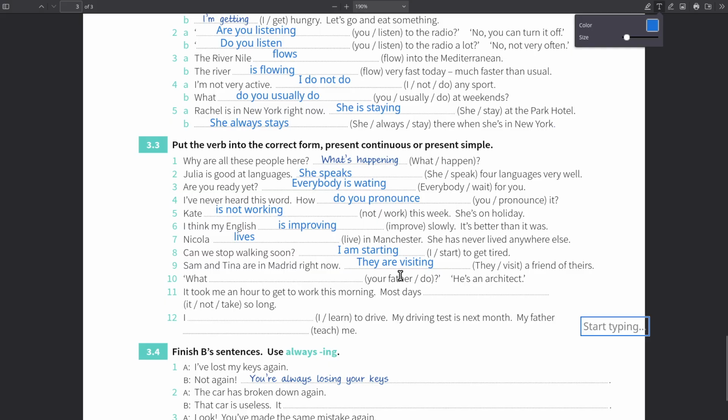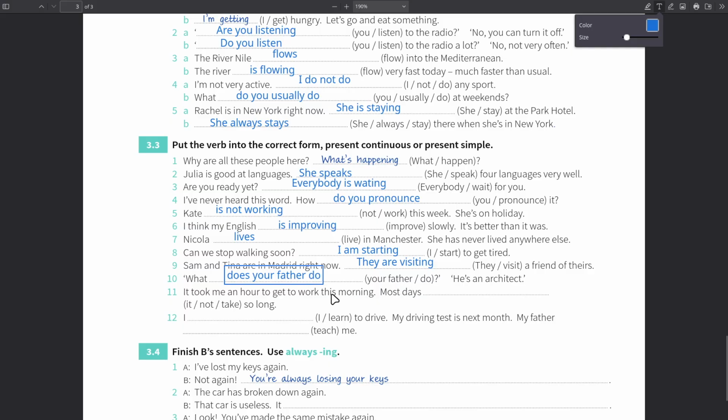Let's move on to the next one. What does your father do? He's an architect. So we are asking for information here, so we are also asking about permanent things, we could say. So what does your father do?